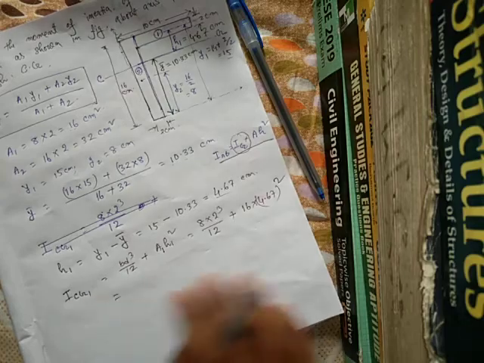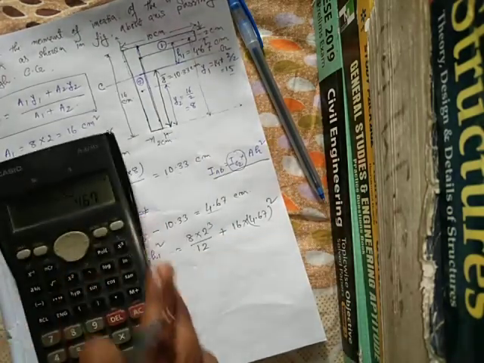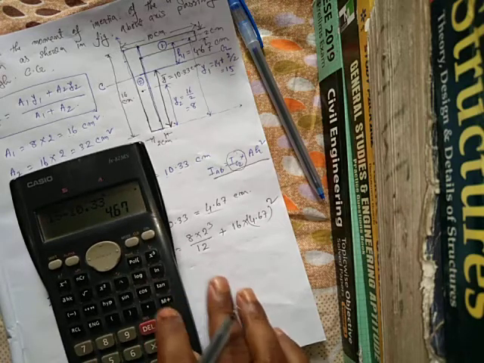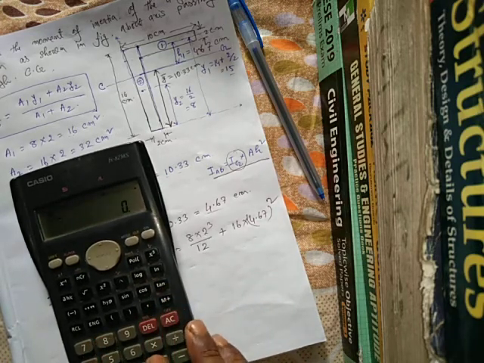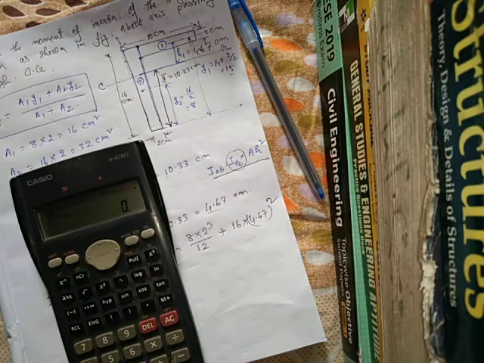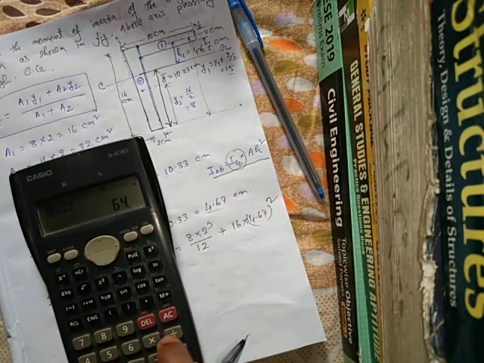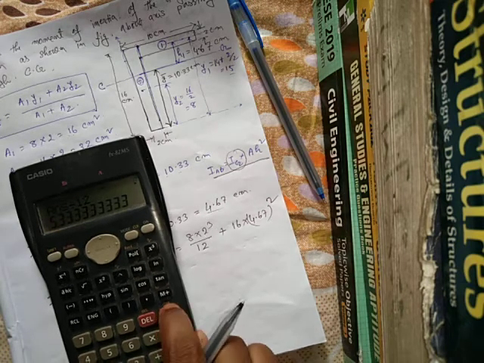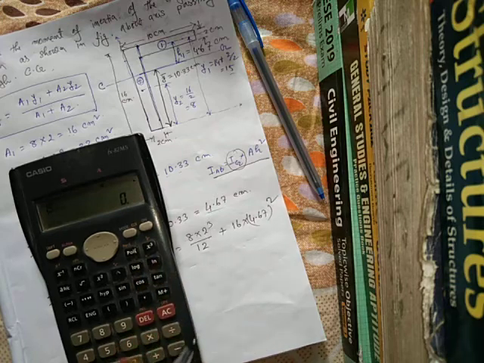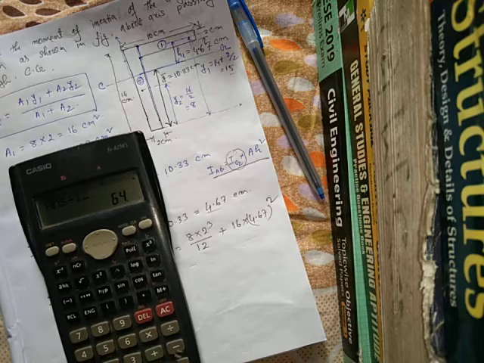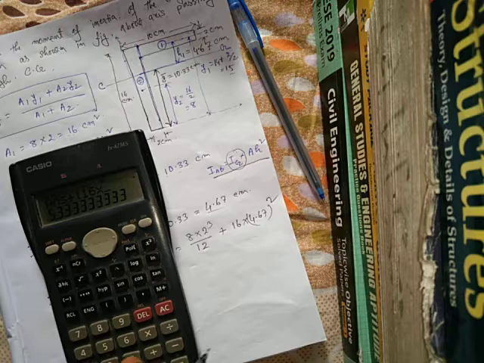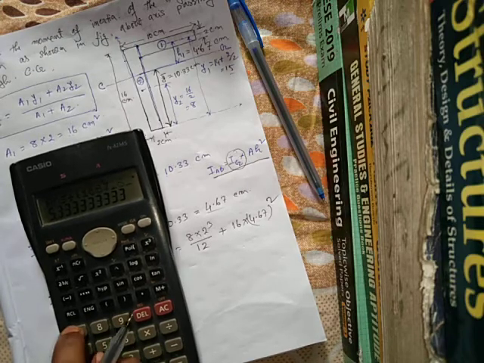Let me calculate it: 8 into 2 cube divided by 12 plus 16 into 4.67 square.